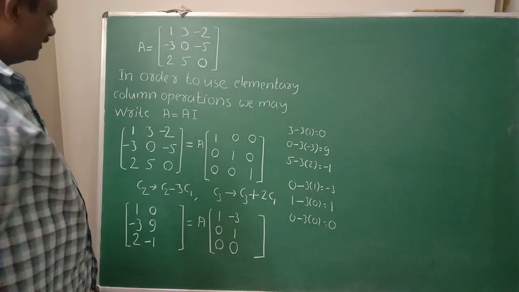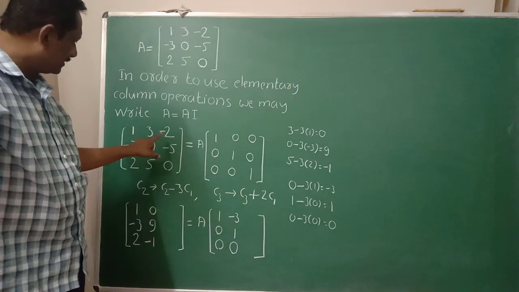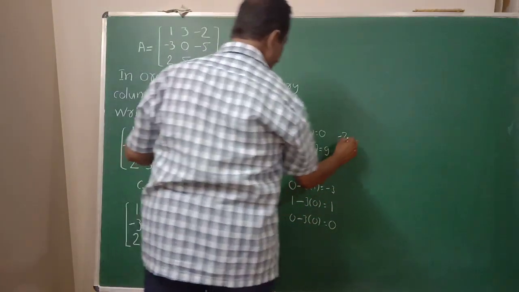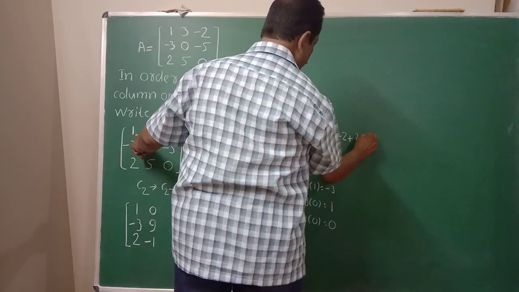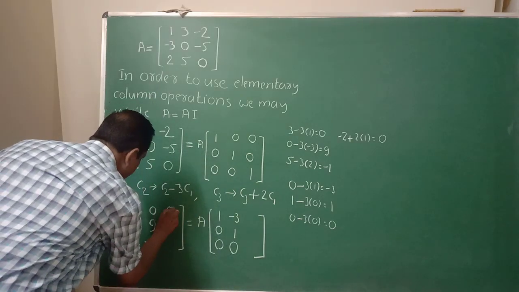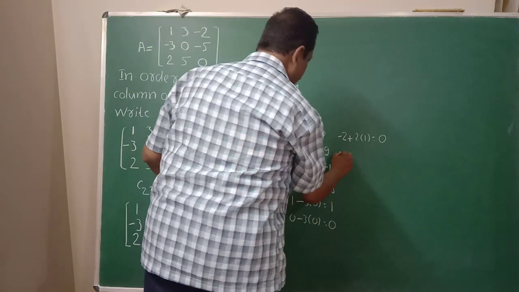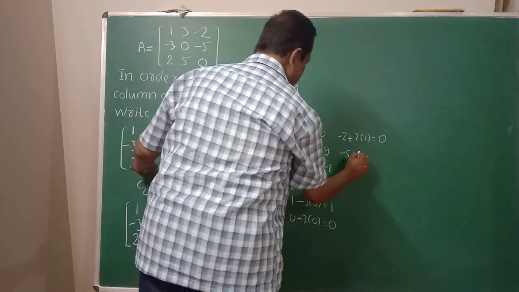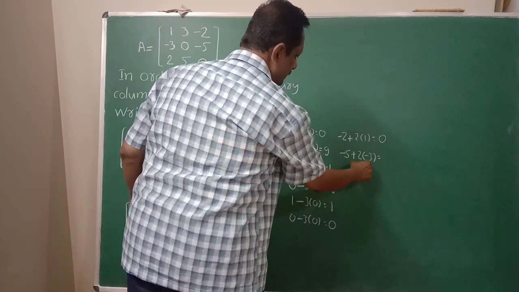Okay. Next multiply by 2 and add to this column. So minus 2 is there. Minus 2 plus 2 into 1. 2 into 1 becomes 0. So write here 0. Then minus 5 plus 2 into minus 3. 2 into minus 3 is minus 6.